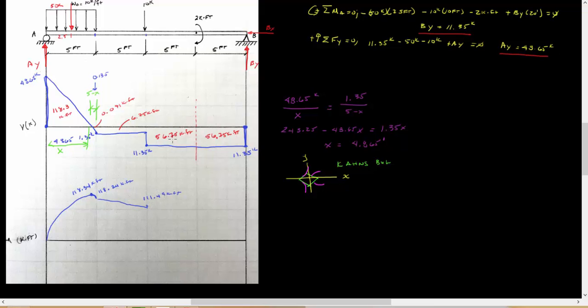Now I'm dropping down 56.75, so I'm going to come about right there. I apologize, that's going to be 54.74. 111.49 minus 56.75 gives me 54.74.